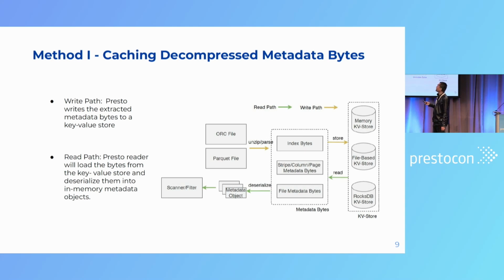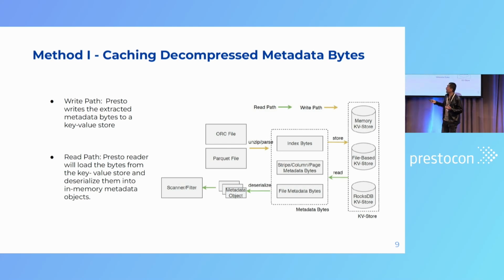Then the Presto Parquet or ORC reader will deserialize this object and put it into a real Java metadata object. So the remaining logic is still there. The scanner and the filter just push down the operator to the reader to read these files.